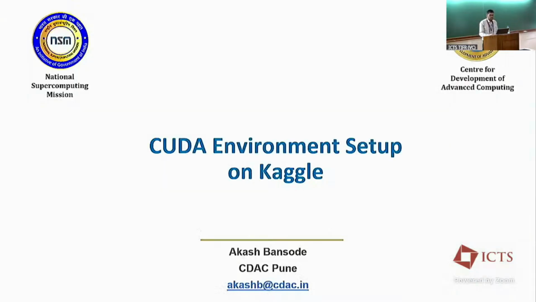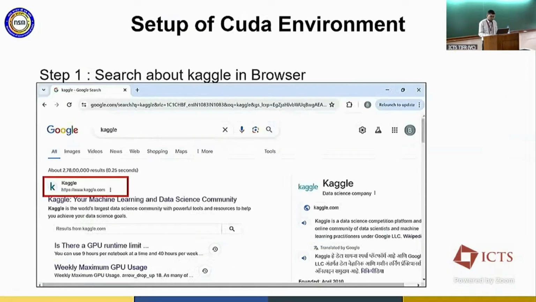First of all, you have to create an account on Kaggle. I'll show you the steps, and you can do it parallelly with me, right? First, go to any browser and type Kaggle. Then click on the link.